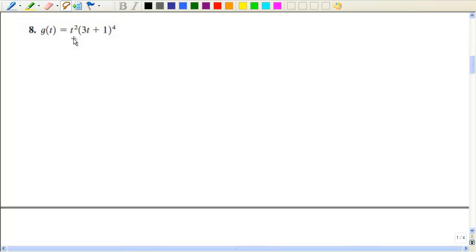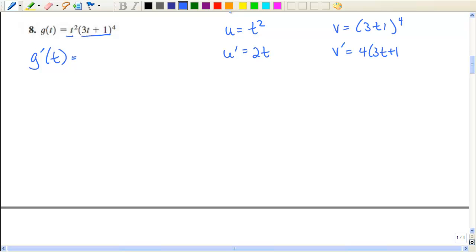Number 8 is a little bit more complicated because we're going to have to use the product rule. So in order to find the first derivative, we're going to use the product rule. So I'm going to identify the product there, and I'm going to use my u and v, then take the derivative. Don't forget to take the derivative of the inside part, and then I would multiply that 4 times 3 together.